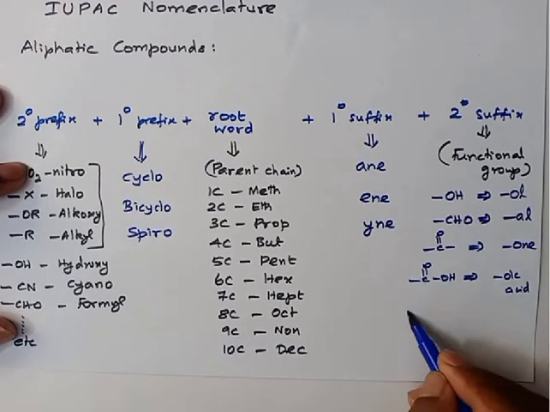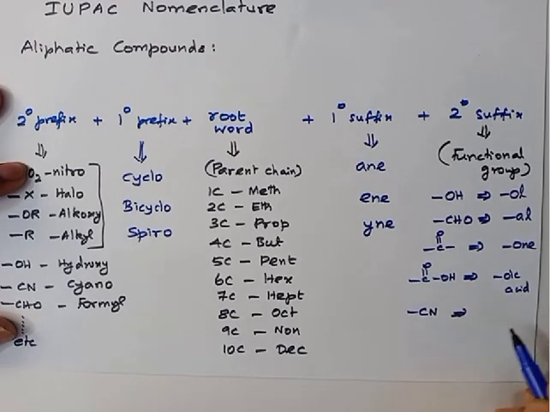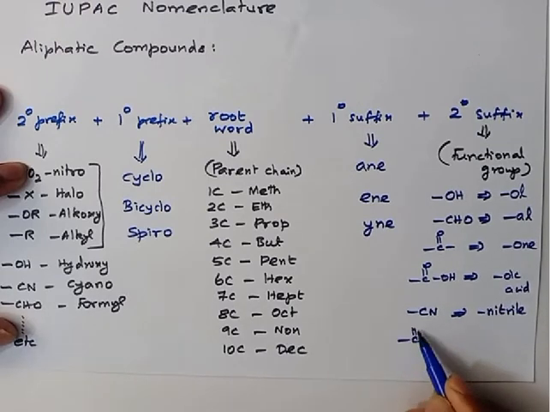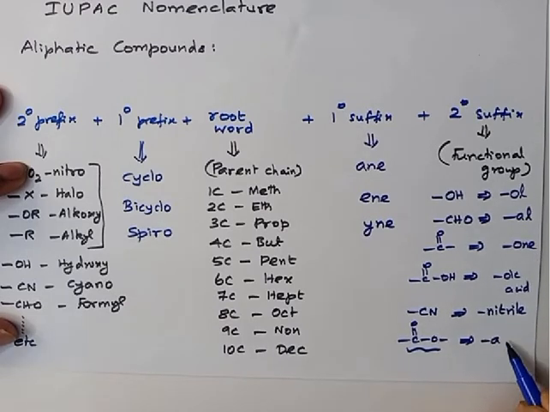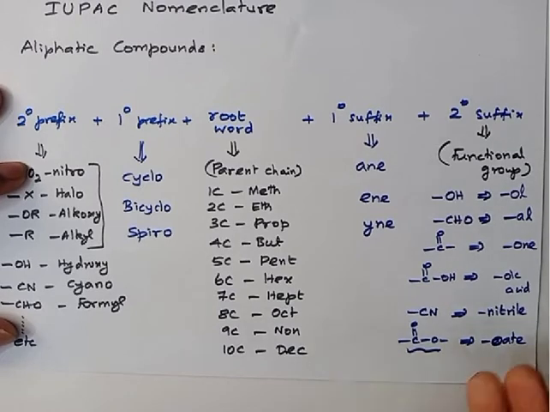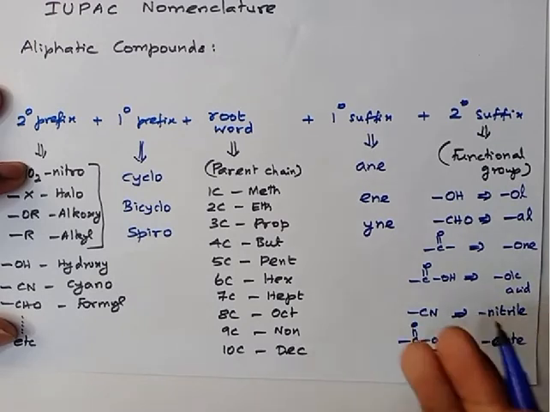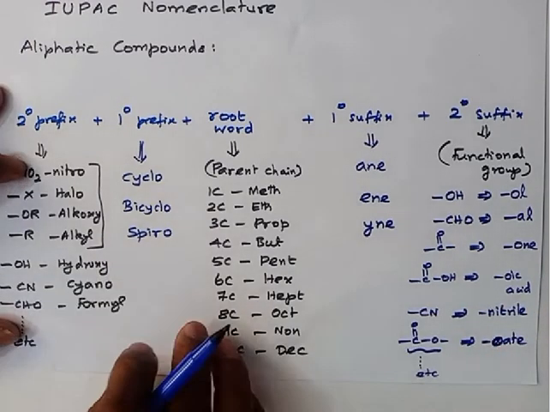If it is a cyano group, CN, we use the suffix nitrile. If you have an ester functional group, COO, we use the suffix -oate, O-A-T-E, like methanoate, ethanoate. Like this we have other functional groups, and we will discuss all those things as we go along in this lecture series.